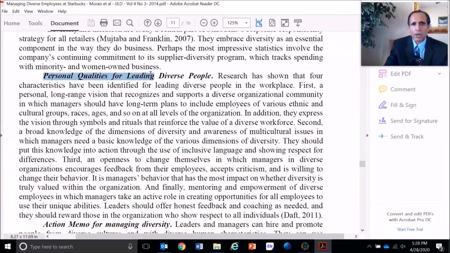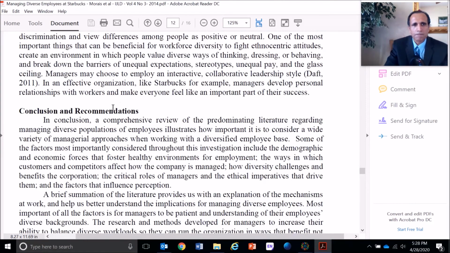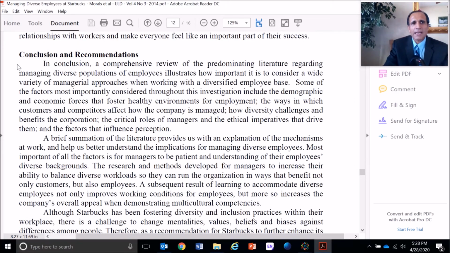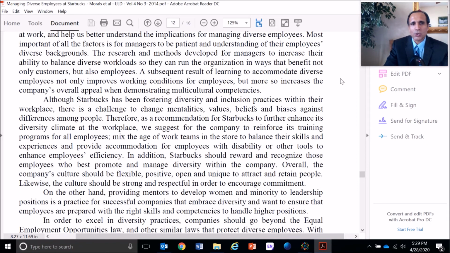The personal qualities for leading diverse people is another subheading. And finally, you have the heading of conclusion and recommendations in this article. So besides reading the abstract, this is another area that you should immediately read before you dive deep into the literature that is usually discussed in these articles.